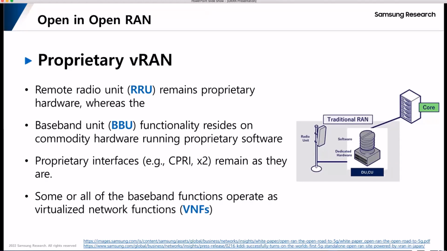In a proprietary vRAN, the radio unit would be created by the vendor, and the BBU functionality would be made using proprietary software. Additionally, this means that the interfaces or connections between the components would also remain proprietary. You can't really mix it with another one, since the vendor would have complete control over what the interface is and how they communicate.